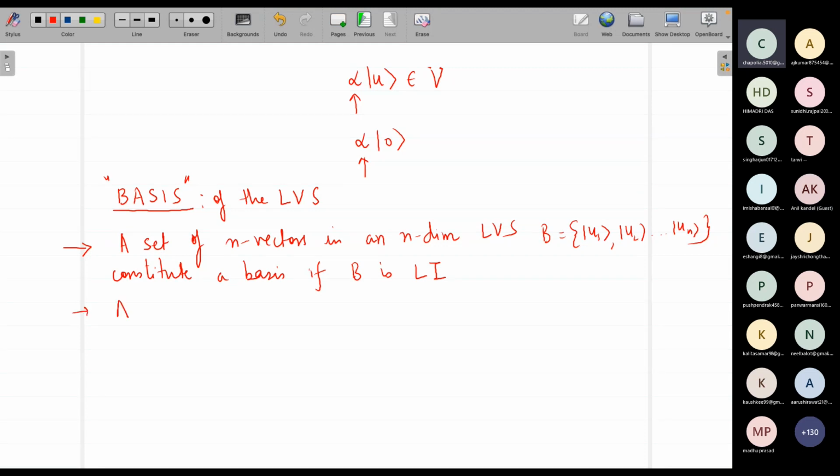So let me just give another definition and figure out whether I'm missing something there. A set of n vectors. Now, please listen, read carefully. Set of n vectors in a linear vector space. So I'm not even writing n-dimensional.